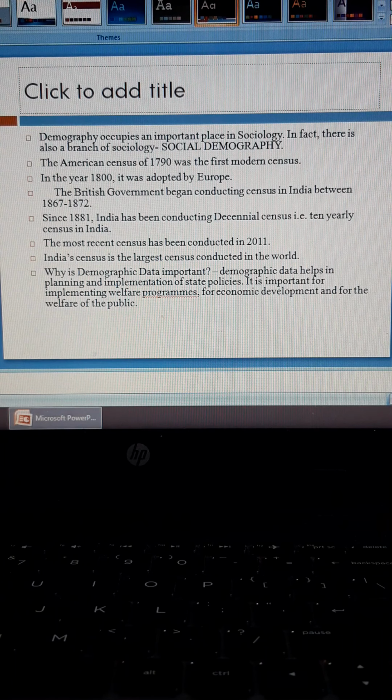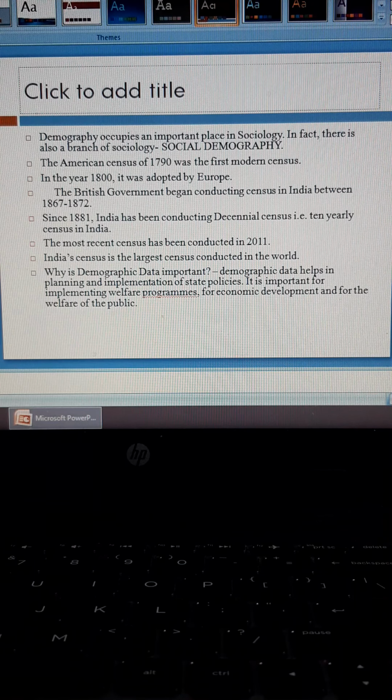What gives sociology all the data regarding the highs and lows of the population in certain states? That is demography. Demography gives sociology the data about what rate of population is high and what kind of state has a particular type of population.